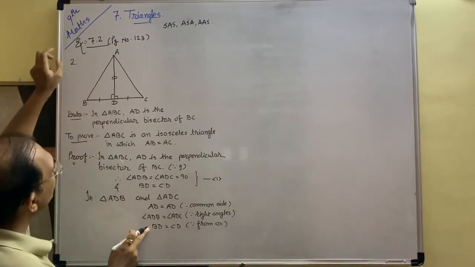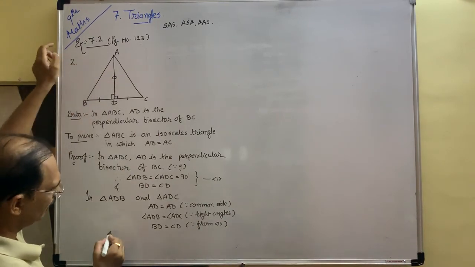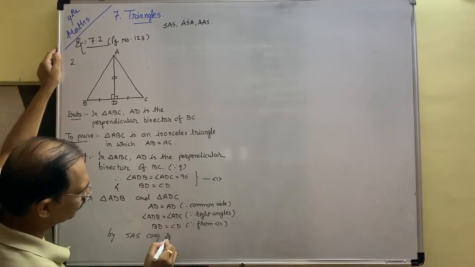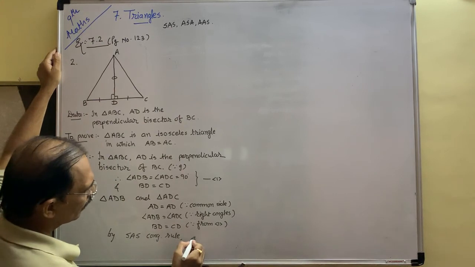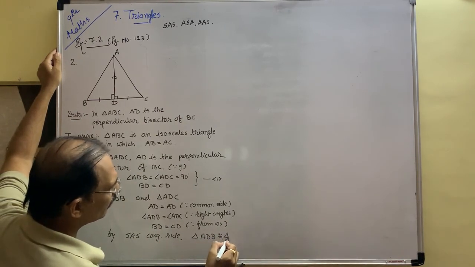So side, angle, side in this triangle, and also side, angle, side in this triangle. So by SAS congruency rule, triangle ADB is congruent to triangle ADC.